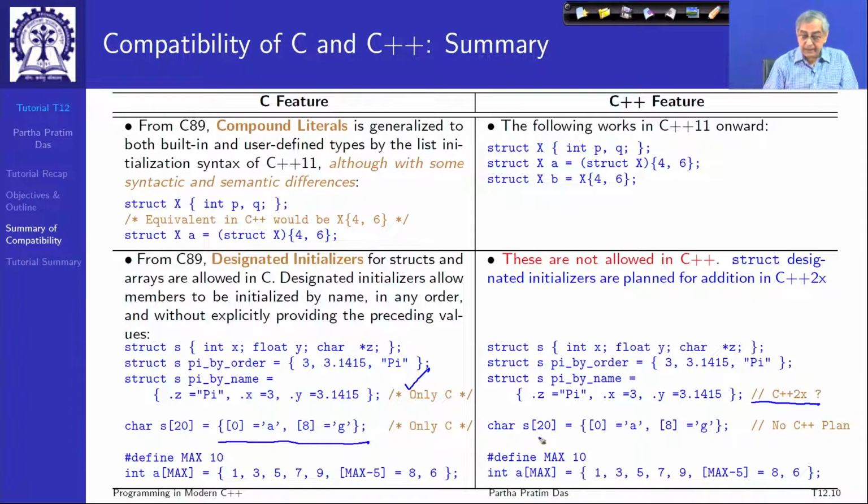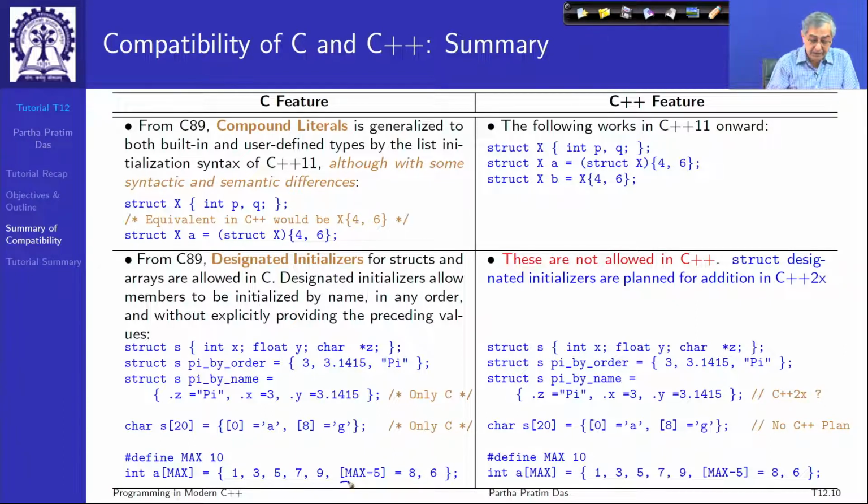Whereas, designated initializer for array, C++ has no plan to add it. So, if you have such code in C, you will have to do a significant rewrite to make it compatible to C++.